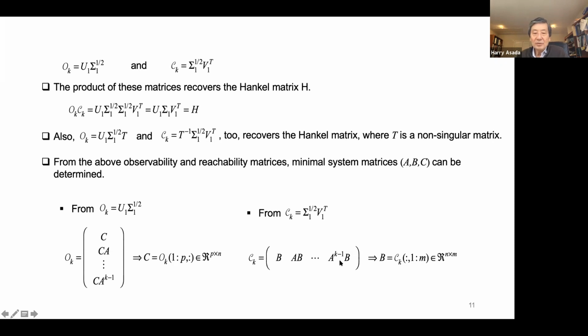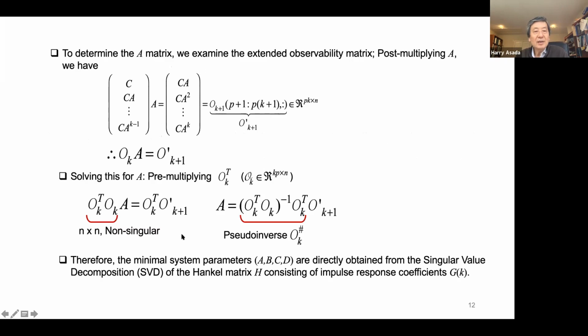Now the remaining question is matrix A. We need to determine A. That needs a little bit more computation. To determine the matrix A, we examine the extended observability matrix. This guy is the original observability matrix, right? Let's multiply A from the right.